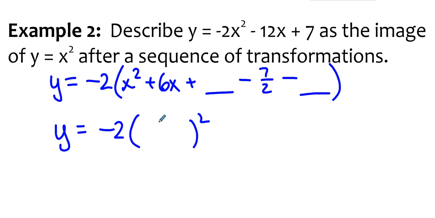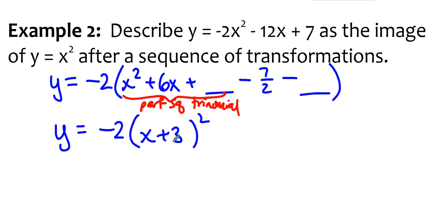So to make this happen, this part has to be a perfect square trinomial. Well, what perfect square trinomial is this going to be? Well, this 6 tells me that we're going to have an x plus 3 here, so that when we square that x plus 3, we're going to get a 3x and another 3x. That's 6x. That's this 6x.